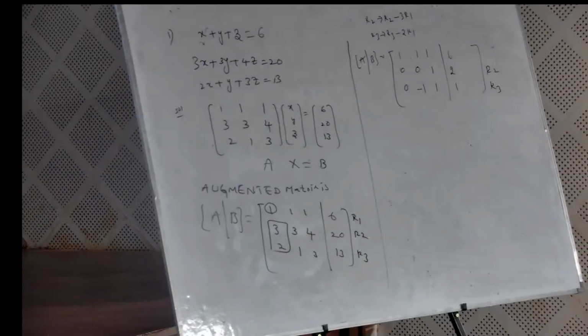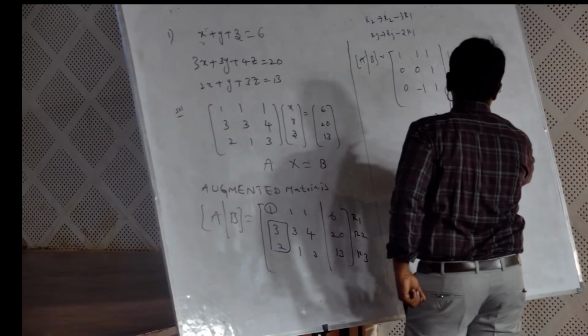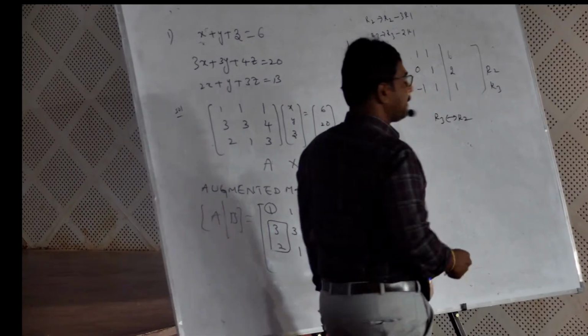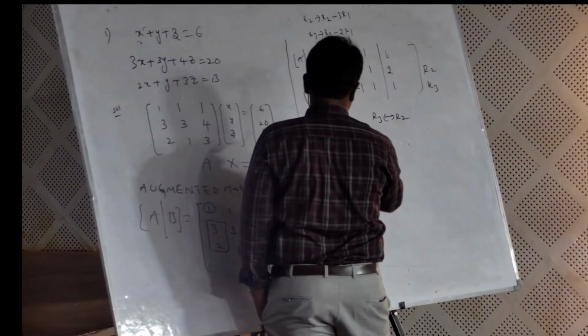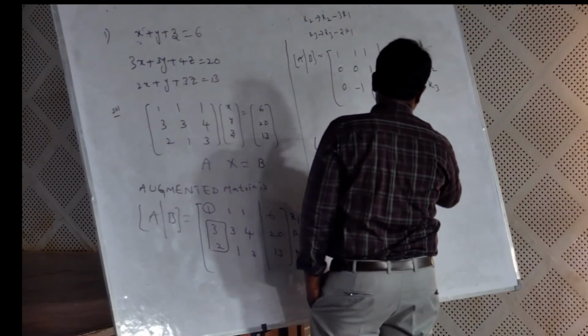So interchange R2 and R3, because zeros have to increase, not decrease. Interchange the third row and second row. What are you getting if you interchange these two rows? 1 1 1 6.